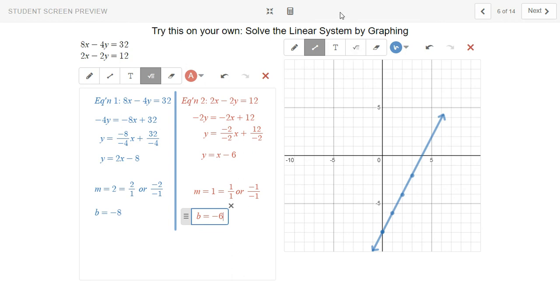Okay, negative 6 is here. Rise 1, run 1. Rise, run, rise, run.